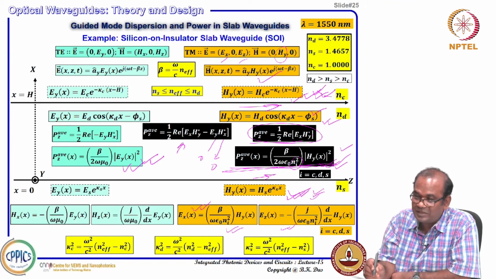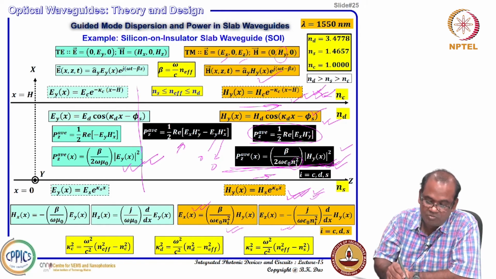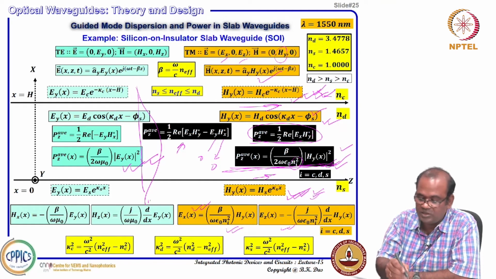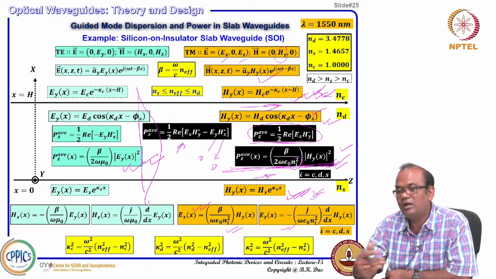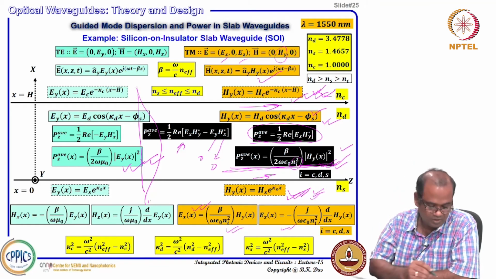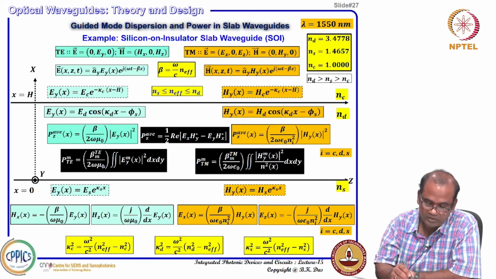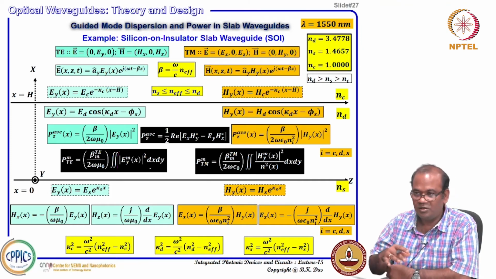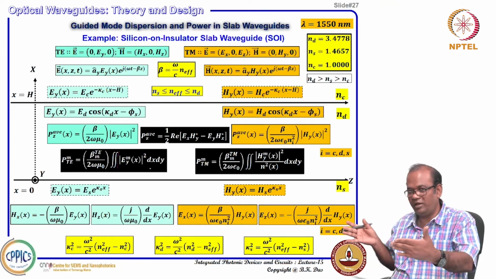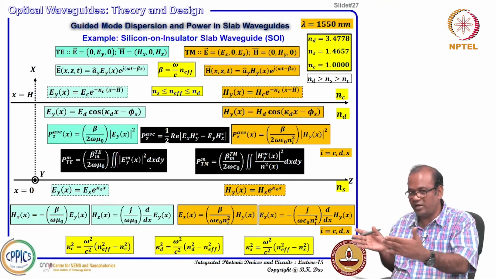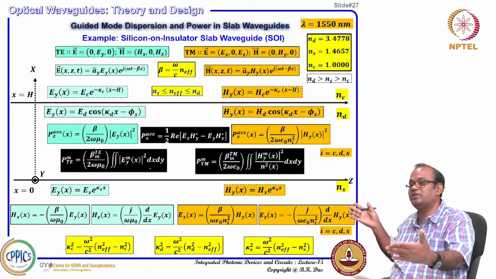Once we know the energy flow per unit area per unit time, I want the total power, because your field is distributed throughout, from the evanescent tail to the core region. So, how do we calculate the total power? We have to integrate. That is why, whenever I write down this energy flow expression, there is an integration, which I have also considered along the y direction, because a waveguide cannot have confinement in just one dimension, but along y I have so far considered it infinitely extended.